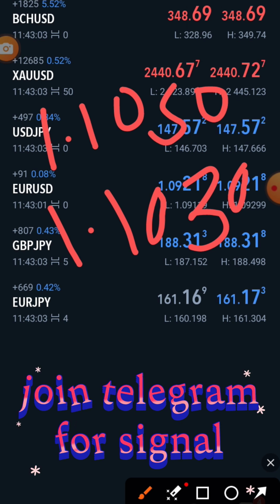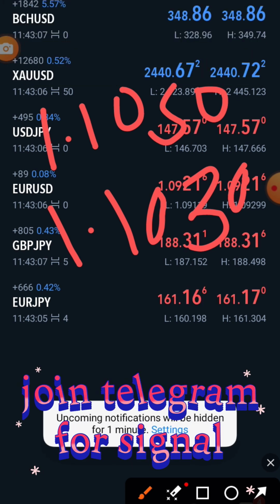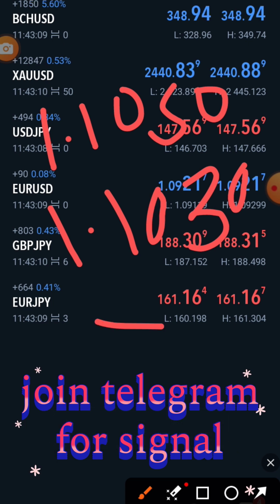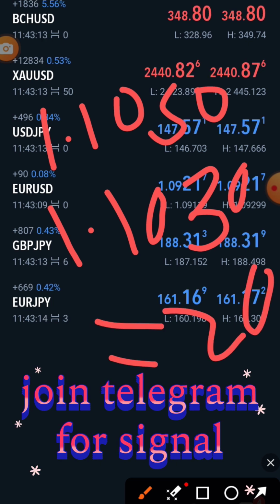Earlier was 50, after that it got 30, so the pip change is 20. Understood? But different currency pairs have different digits.